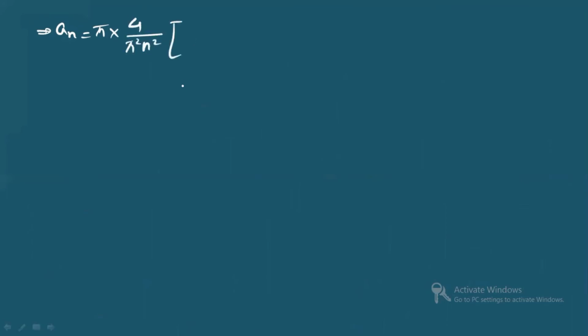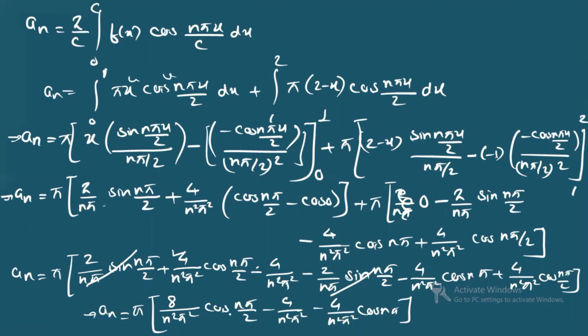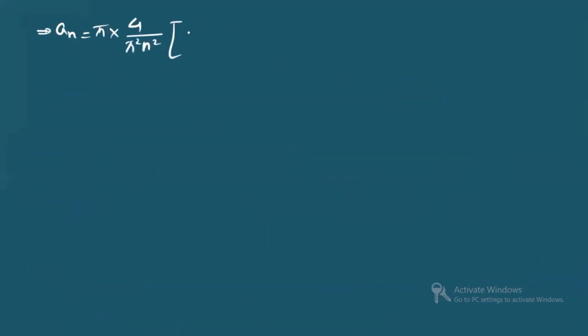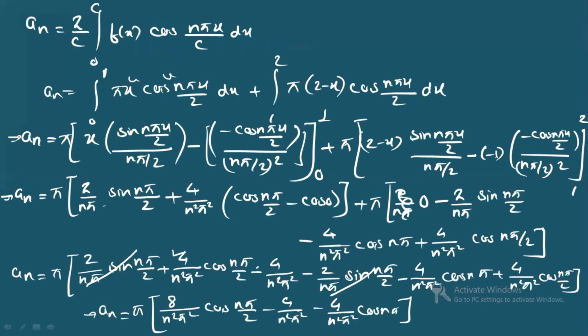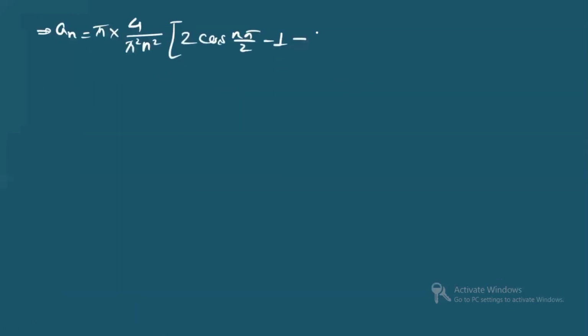So here you will get what? This term will give you what? 2 cos n pi. Okay. So it is 2 cos n pi by 2. Okay. Next term was only minus 4 by n square pi square. So you will get 1 minus, again you will get here only what? Cos n pi. This term was common. So minus cos n pi.